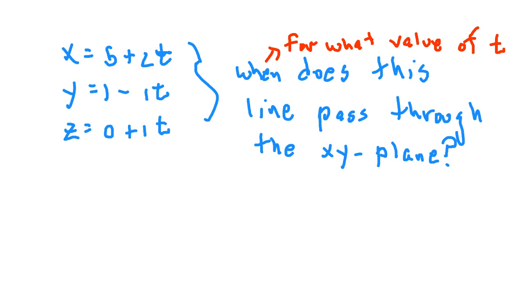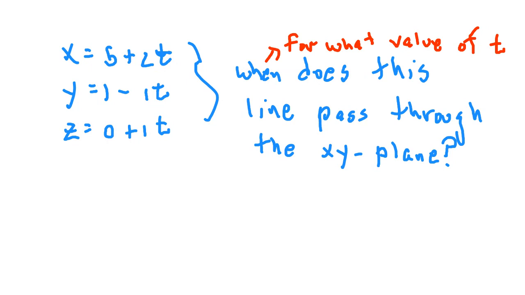As t changes values, it gives you different points in space, and collectively all these points trace out a line in space. This line is not a horizontal line; it's a skew line.